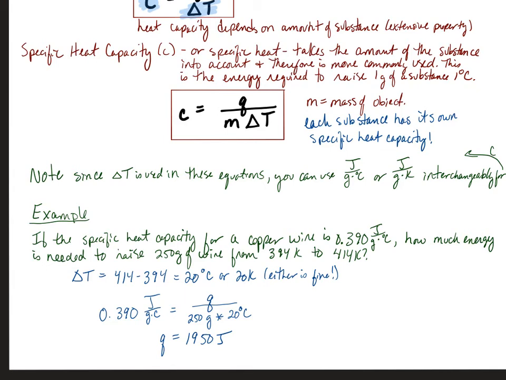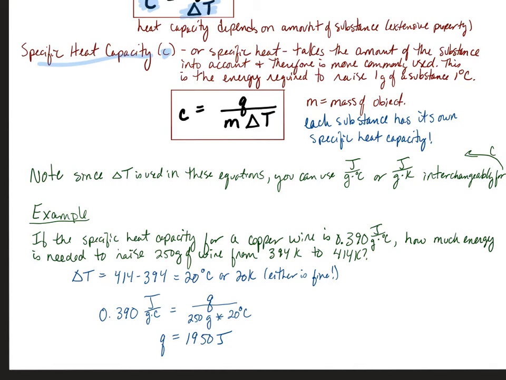More commonly, instead of talking about heat capacity, we talk about specific heat capacity. This is little c, or specific heat. That's another way to look at it. And this takes the amount of substance into account. So in other words, we said before that it was how much energy it takes for an object to heat up. This takes grams into account.